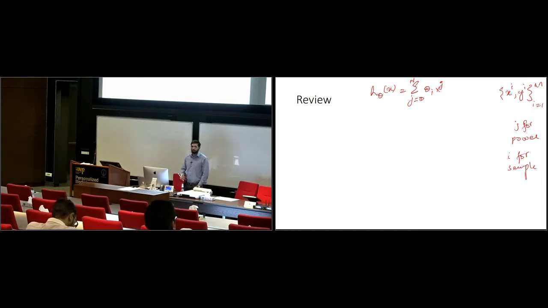Okay? So I have a hypothesis function which has n plus 1 unknowns, and I have n plus 1 polynomial bases, and I want to find the best values of theta i's, the j's, which would fit my data.